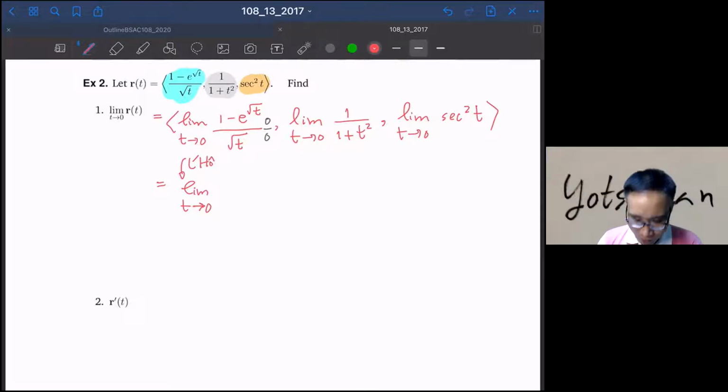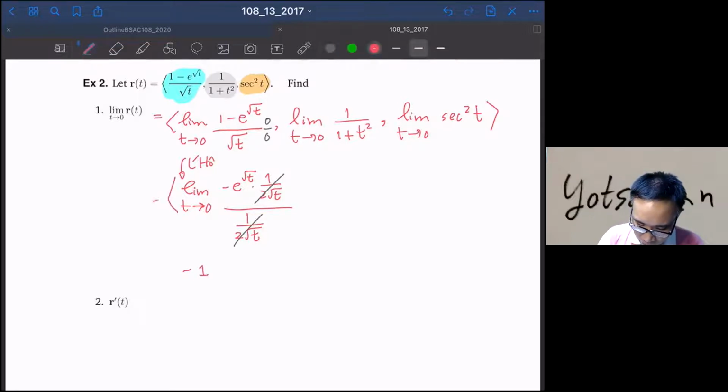So you differentiate 1 minus e to the root t, which gives negative e to the root t times 1 over 2 root t. Okay, so we are doing calculus. When you differentiate the square root of t, it's 1 over 2 root t. Then you just cancel these two, so this becomes negative e to the 0, which is negative 1. So this is the first term.